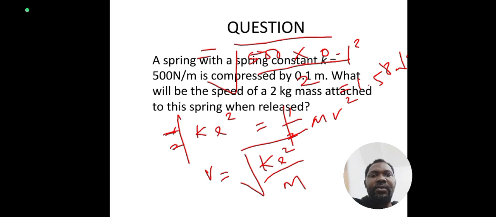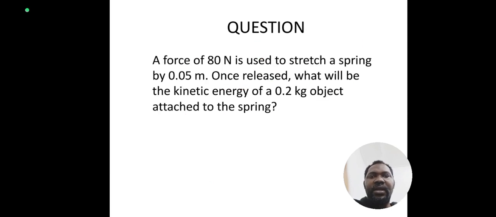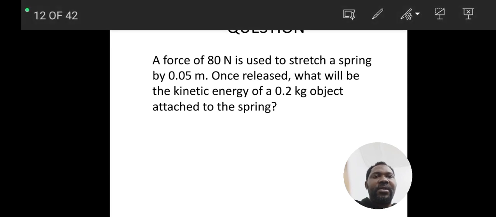Okay, so that leads us to another question here. It says a force of 80 newtons is used to stretch a spring by 0.05 meters. Okay, once released, what will be the kinetic energy of a 0.2 kilogram object attached to the spring? Okay, here, first of all, the elastic potential energy, let me call that EP.